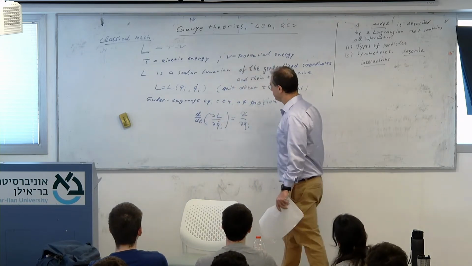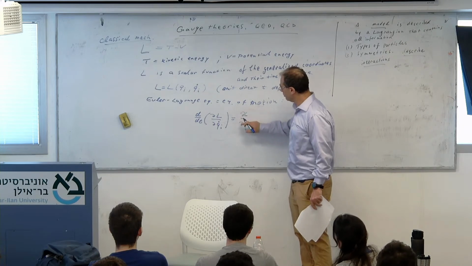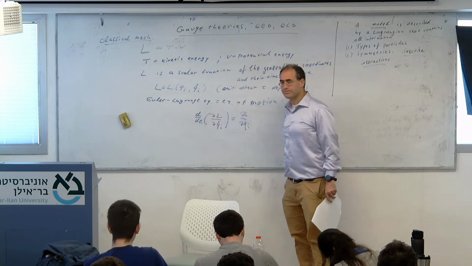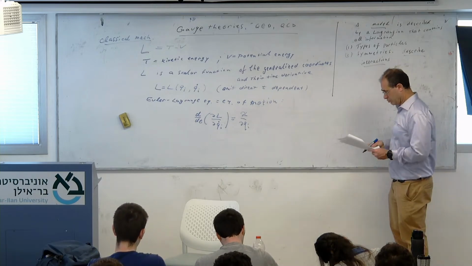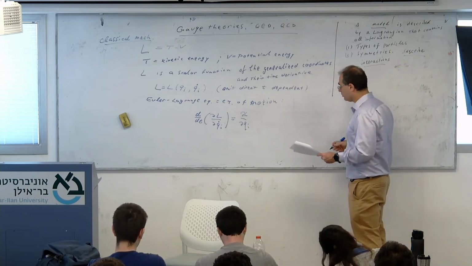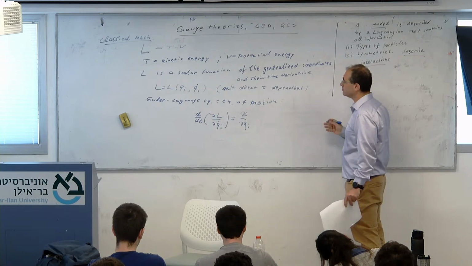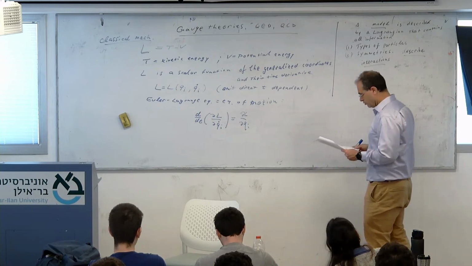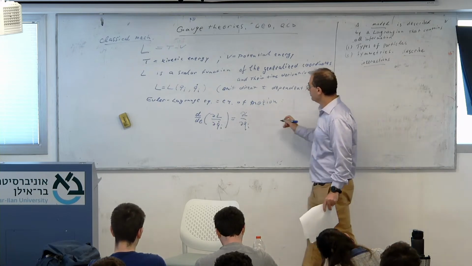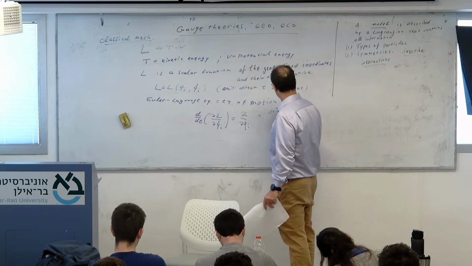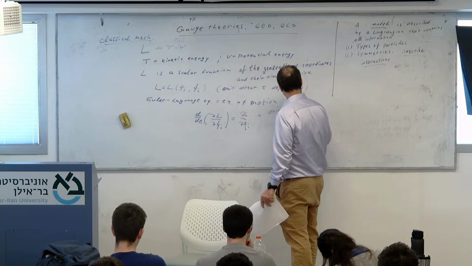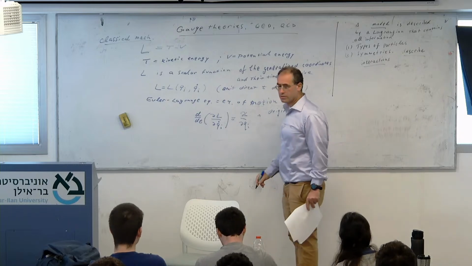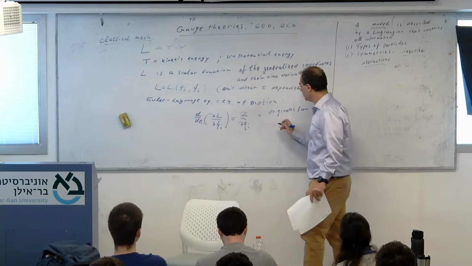Note, this is a partial derivative, this is a full derivative. That is equivalent to Newton's second law, and it really originates from what we know as the principle of least action.